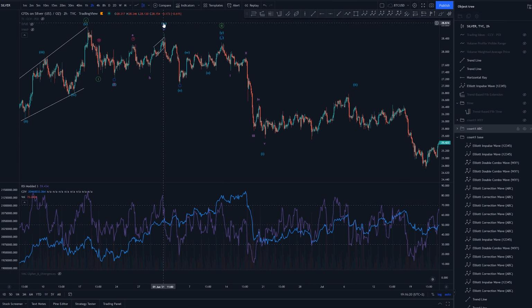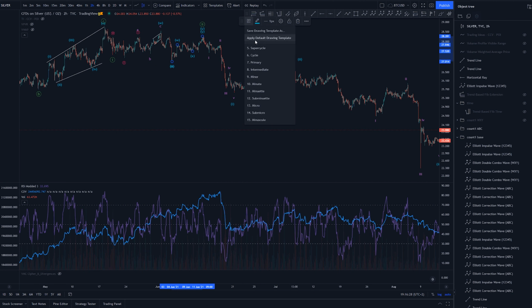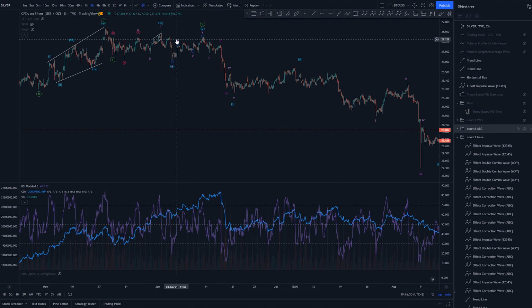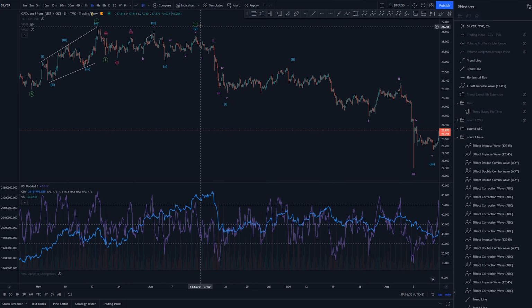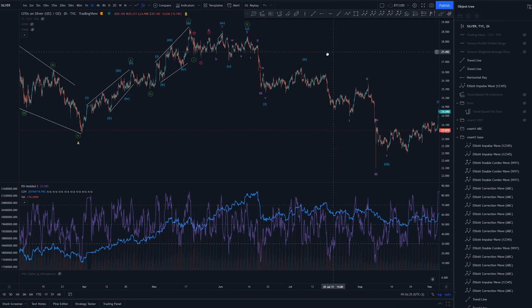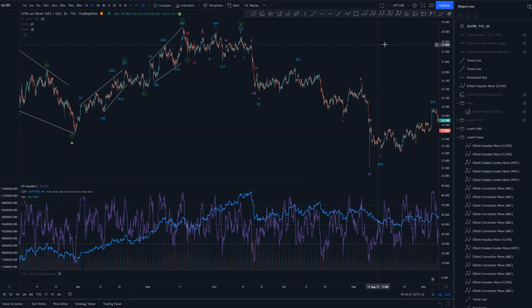And then again, that's into W, then ABC into X, and this is actually wrong degree, that should be subminuette. Again, WXY into the 2 now, or the Y of the 2.